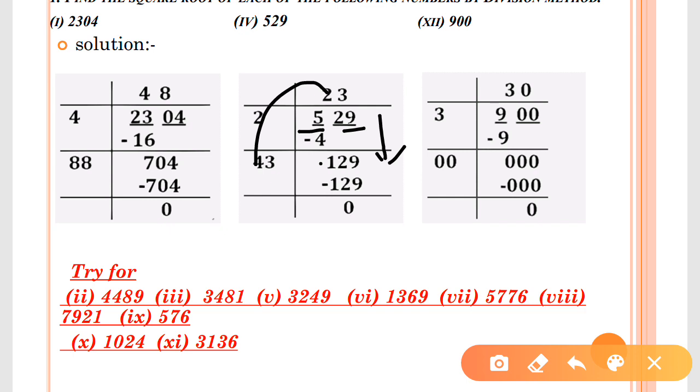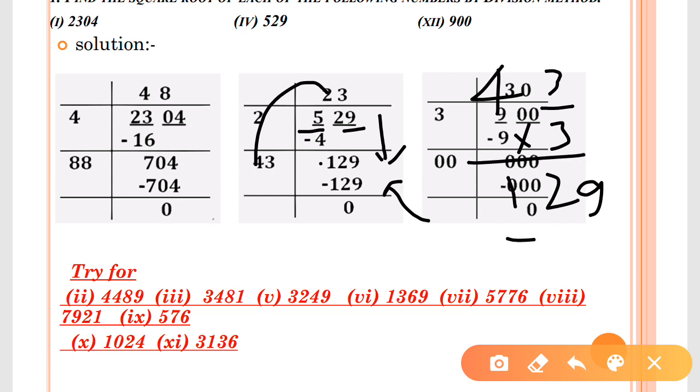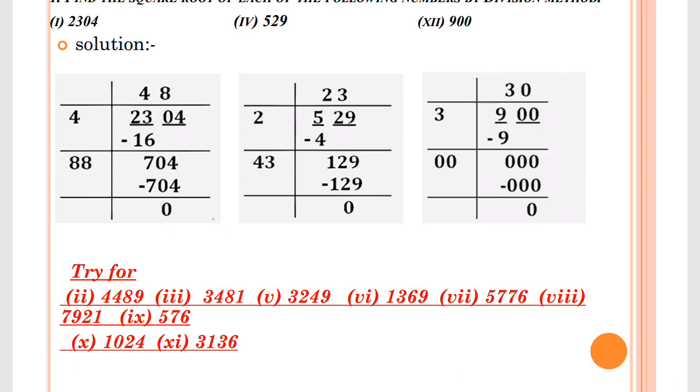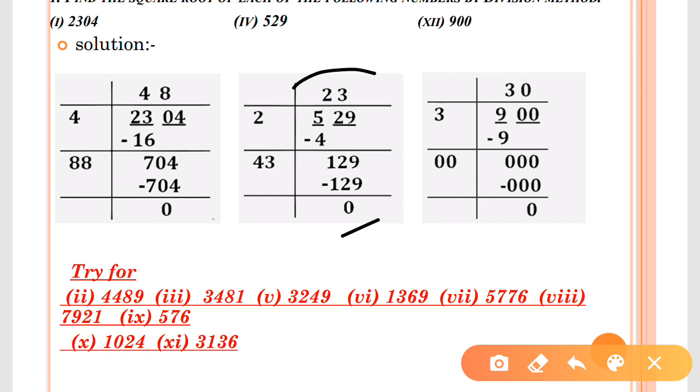So we will write any number using which we will get a number which is nearly equal to 129. So we write 3 and multiply it by 3. So 3 3s are 9 and 3 4s are 12. So 129 is equal to 129. On subtracting this, we got 0, and 23 is the square root of 529.